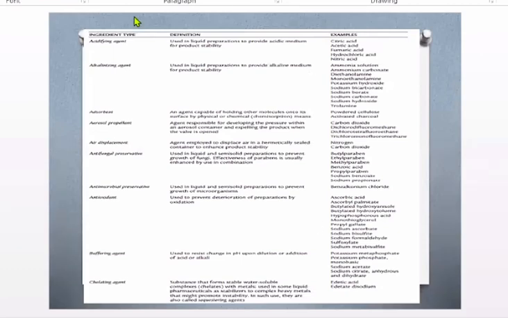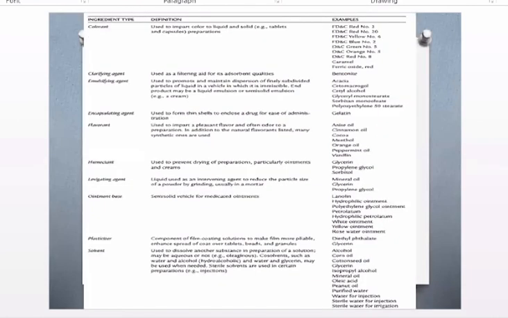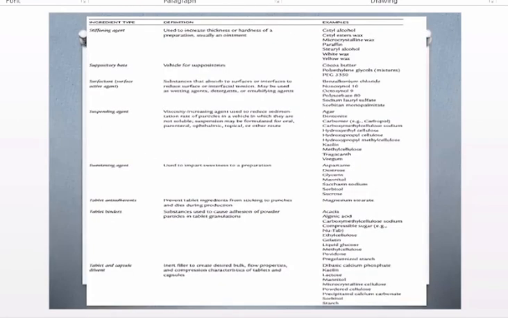So you've got ingredient type, definitions, where they are used, and you've got examples. It's quite a very useful table, so you can have a look at this as well.